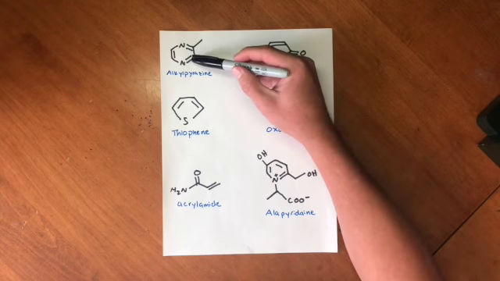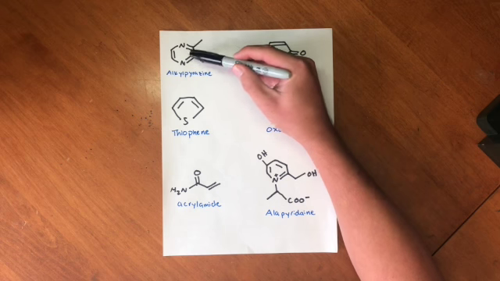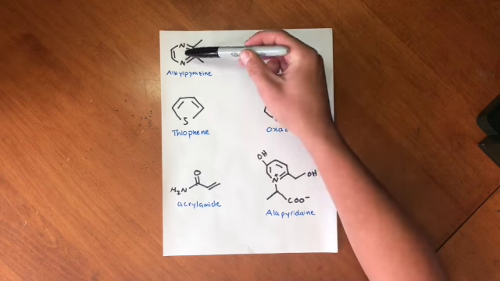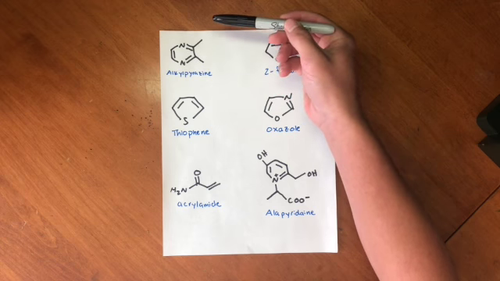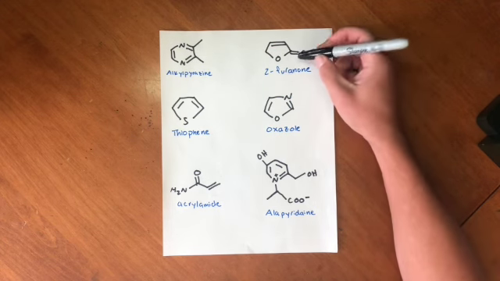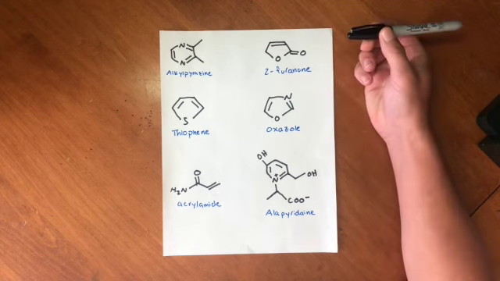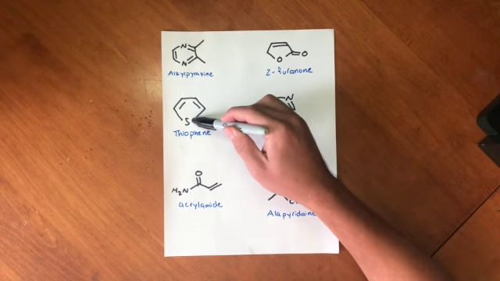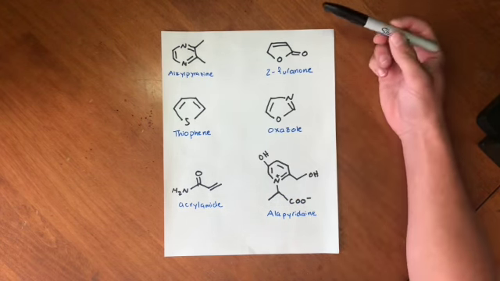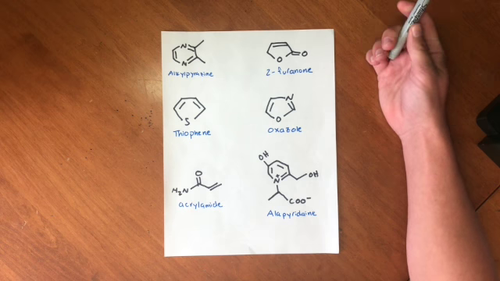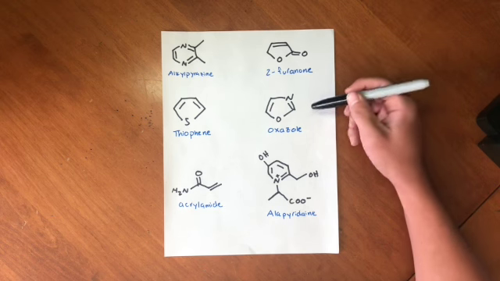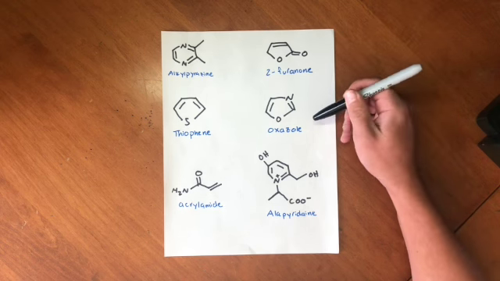Alkyl pyrazines give foods cocoa or nutty roasted flavors, so that's often found in things like coffee beans. Caramel-like pheromones are found in bread. Thiophenes, this is what I really enjoy. That's the meaty flavor that's found in meats like steak. And then oxazoles often give a sweet taste.